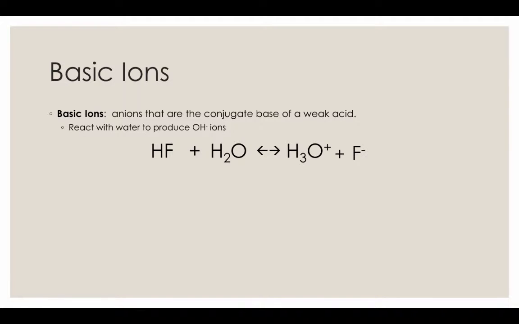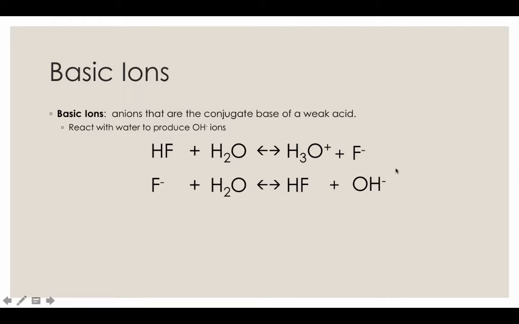Consider the following example. HF is a weak acid which reacts with water to form H3O+ and F-. F- is the conjugate base. Because HF is a weak acid, F- is relatively strong. Since F- is a relatively strong base, it's able to react with the remaining H2O, pulling an H+ off of this H2O to form HF and OH-.